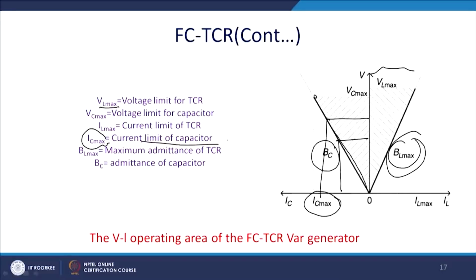In the same way, the thyristor rating will govern the maximum inductive current, and thus the value of the maximum inductive admittance compensation, that is BL max, and this is the way it will occur.